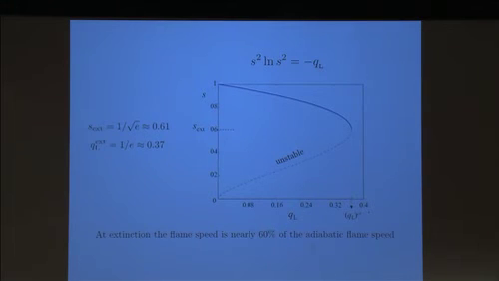In other words, the flame would no longer be able to propagate steadily in that mixture, okay? What you see from this picture is that the extinction occurs when the propagation speed is approximately 60% of the laminar flame speed. So when it's lowered to about 60%, it's going to extinguish.